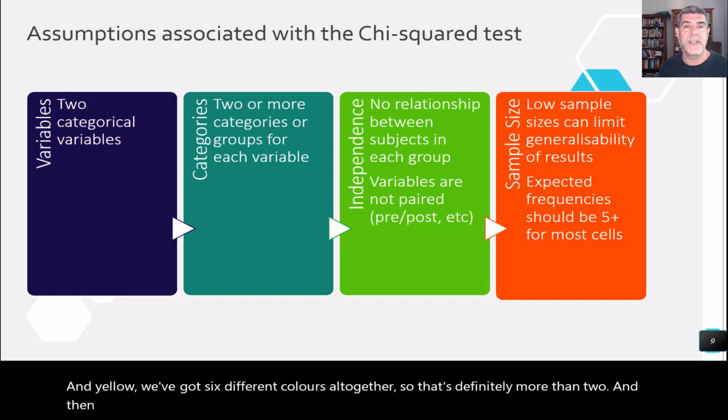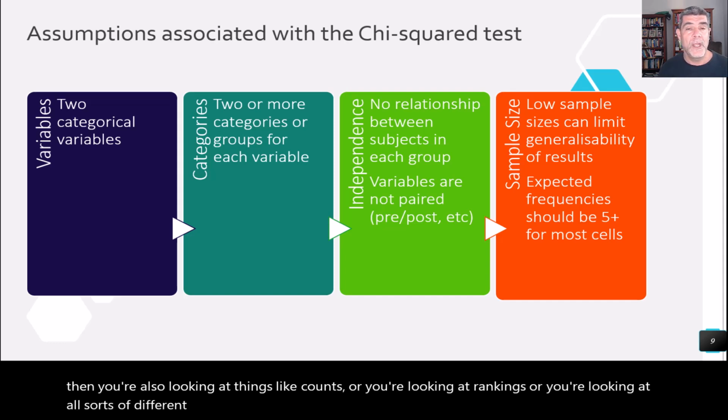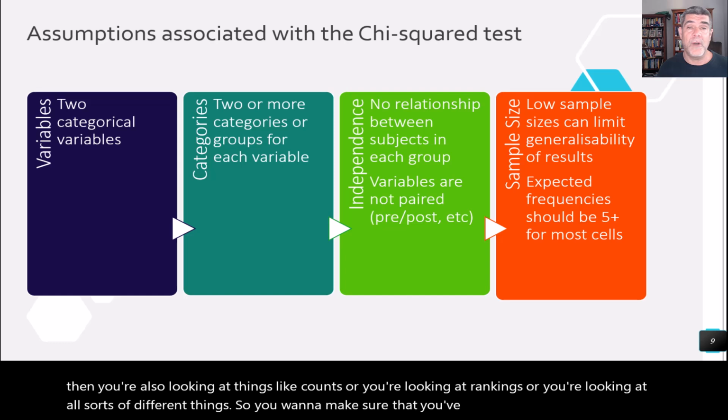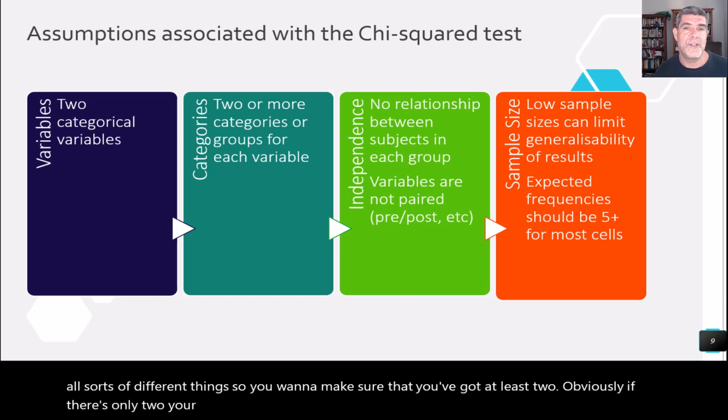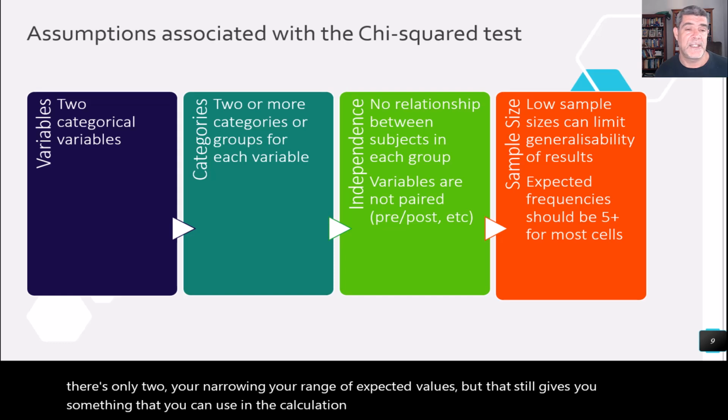And then you're also looking at things like counts, or rankings, or all sorts of different things. So you want to make sure that you've got at least 2. Obviously, if there's only 2, you're narrowing your range of expected values, but that still gives you something that you can use in the calculation of your chi-squared statistic.